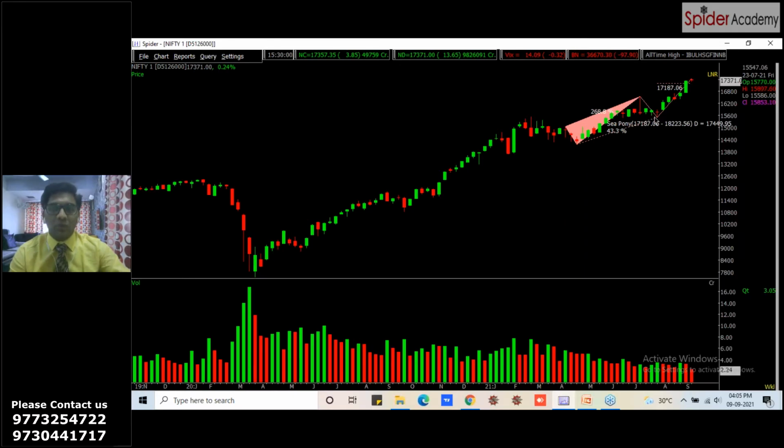We will explore more about how these particular patterns are forming, why these colors are showing up, and what these levels are. In this way, these harmonic patterns are formed on the charts automatically. We don't need to calculate or draw them. Mostly harmonic patterns are drawn manually, but due to our Spider software it is plotted over here automatically.